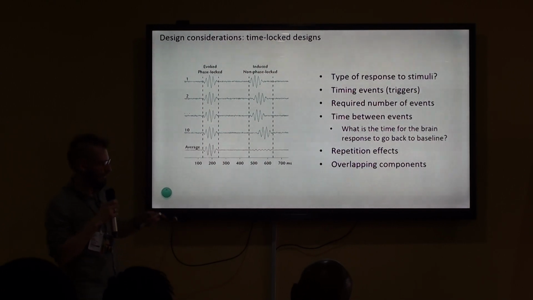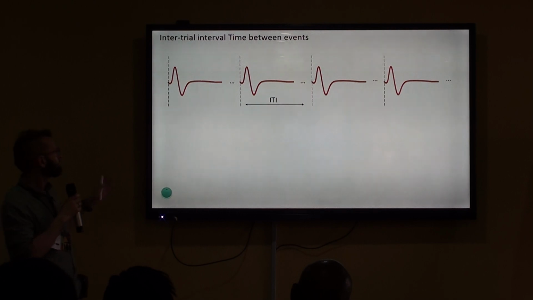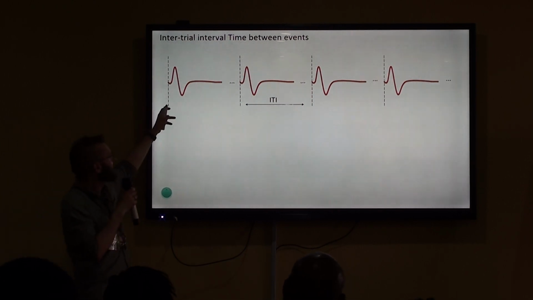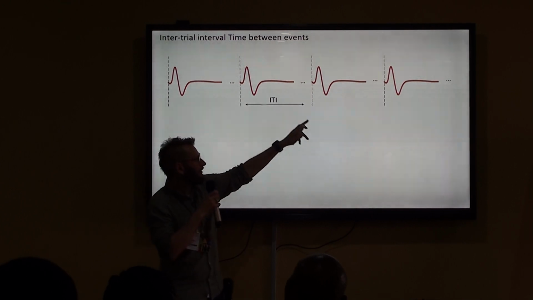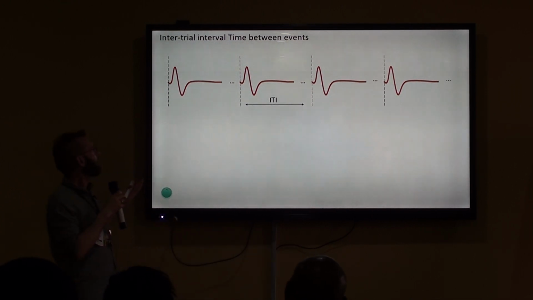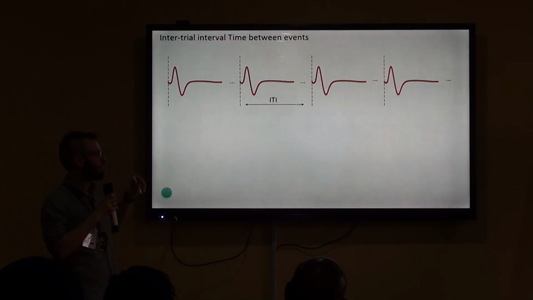One thing also to be aware of is overlapping components. So in a design like that, we have some stimuli here represented with the dashed lines, and those will be presented at a certain interval, which we call the intertrial interval.